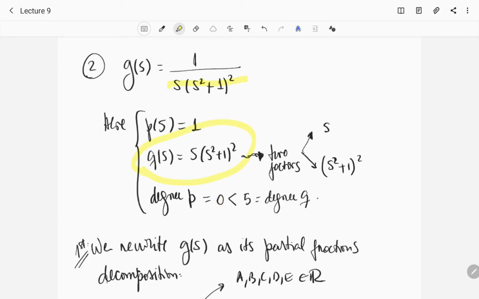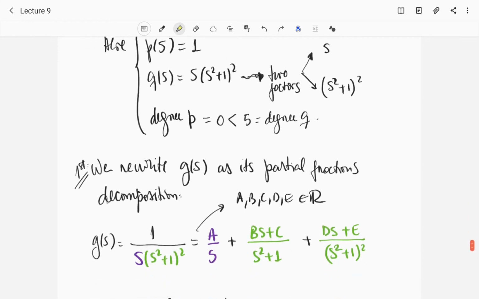When we factorize q, which is already done here, we have these two factors, s and (s squared plus 1) squared. This one has only complex roots, so this example is different from the previous one. Now we will see.